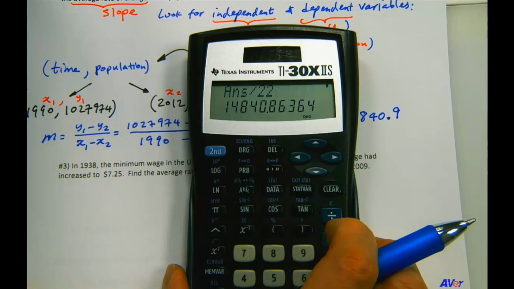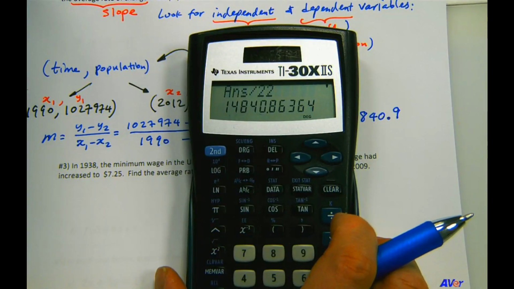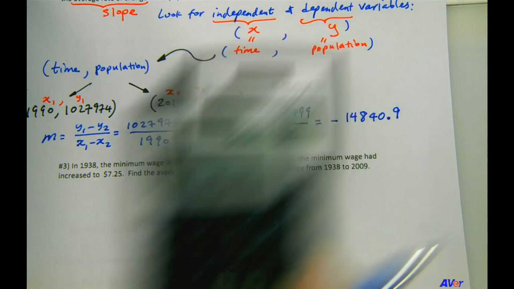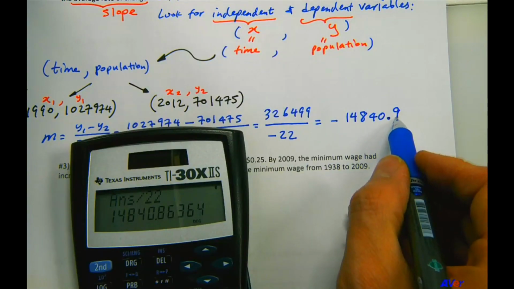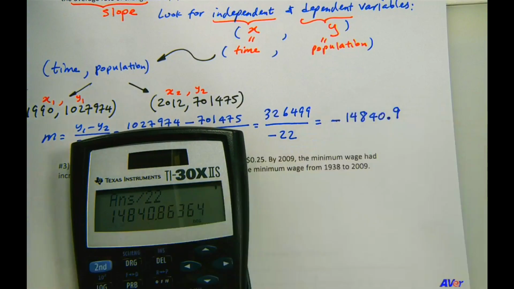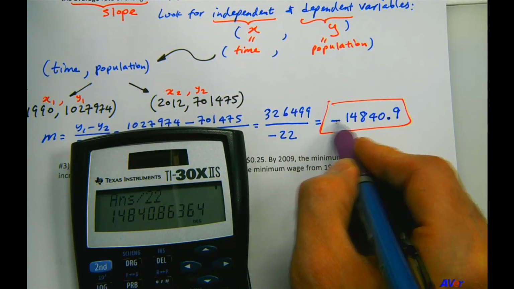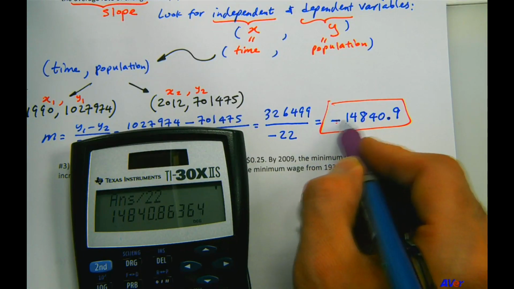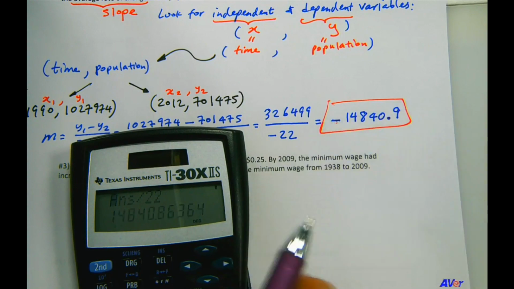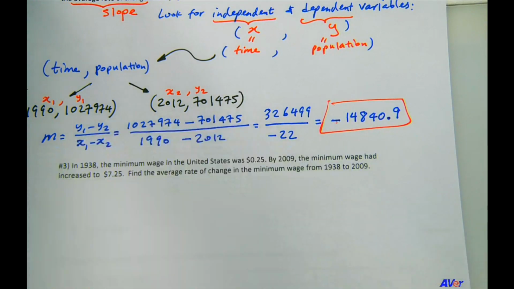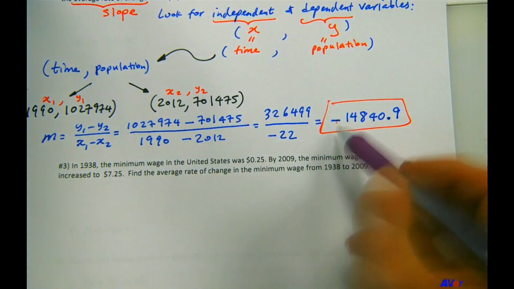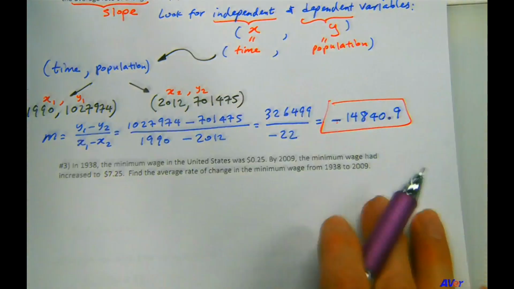I had 0.8629, but I'm rounding it. So here is our slope. And as we expected, it's a small negative number, because negative numbers decrease in size as we approach negative infinity.